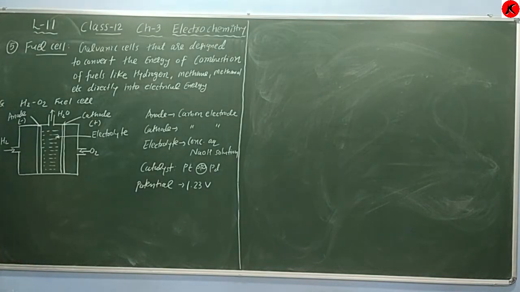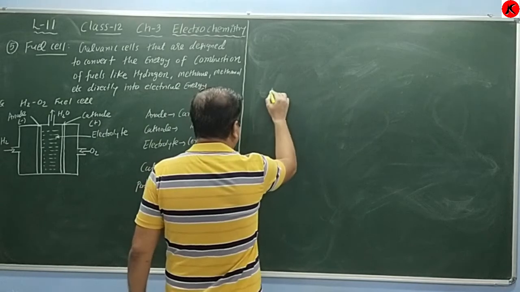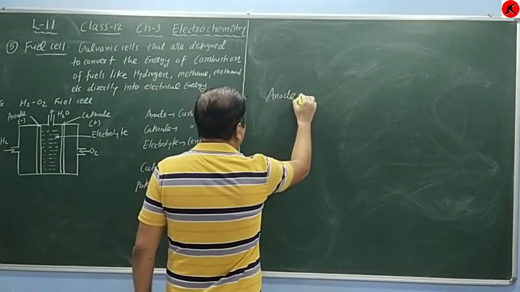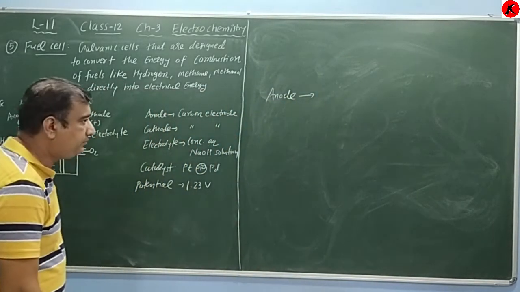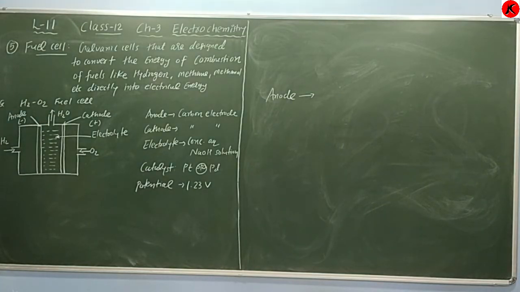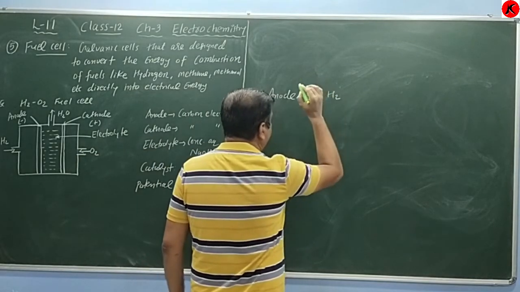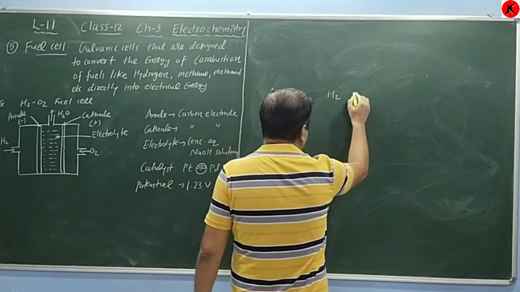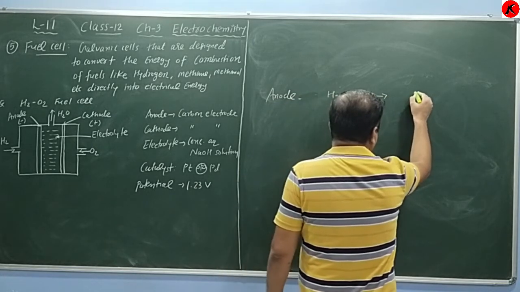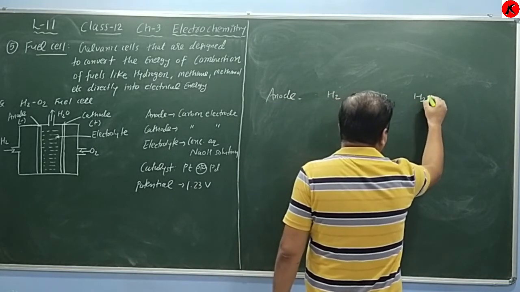Now what are the reactions that are taking place? That means at the anode we are passing the hydrogen gas. So this hydrogen gas is converted to H2O.